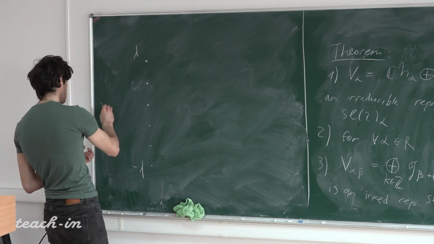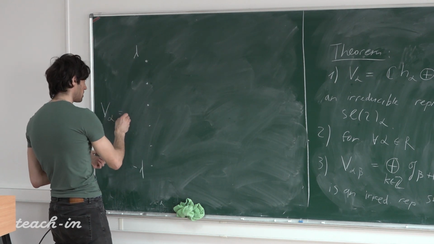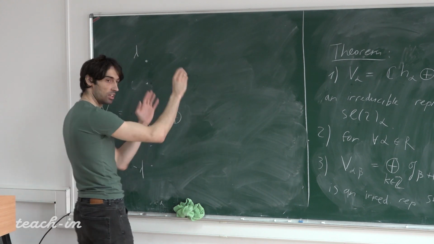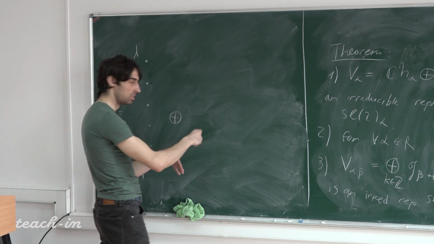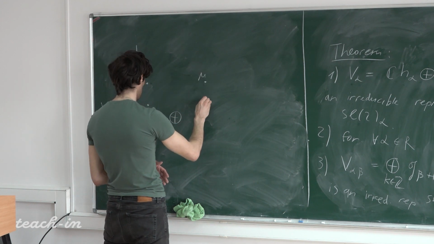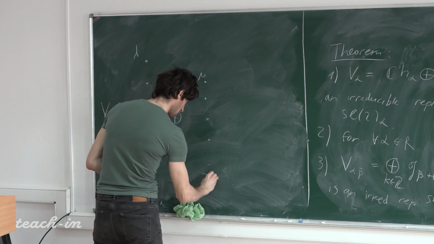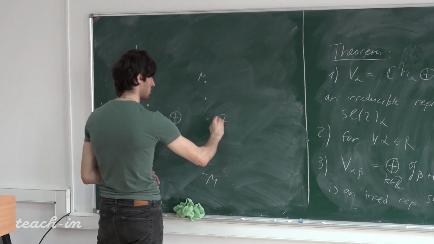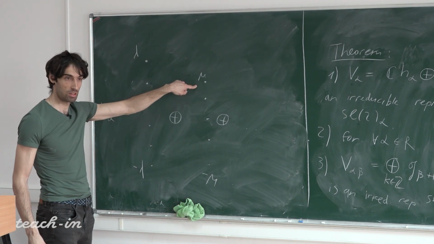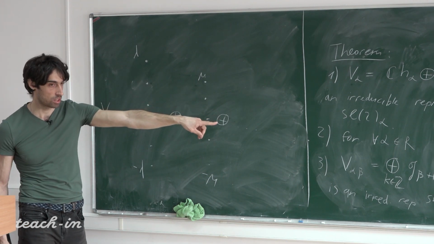In our case, V alpha is such a picture plus a direct sum of some other picture, where you maybe start with some mu and do the same thing, and so on. But all these lambdas and mu's are of the same parity, that's our first observation.